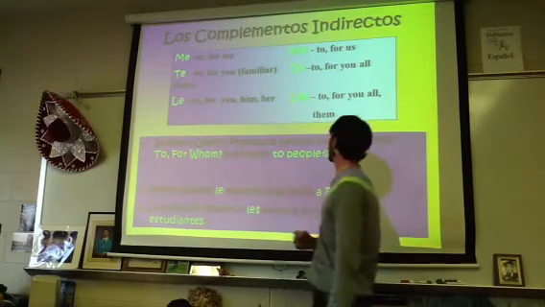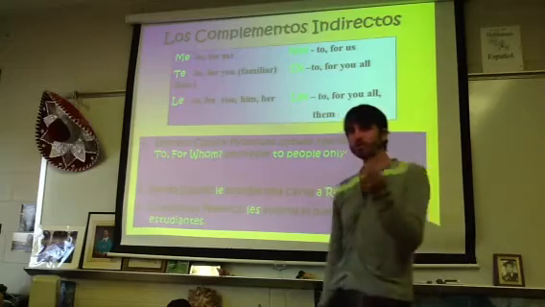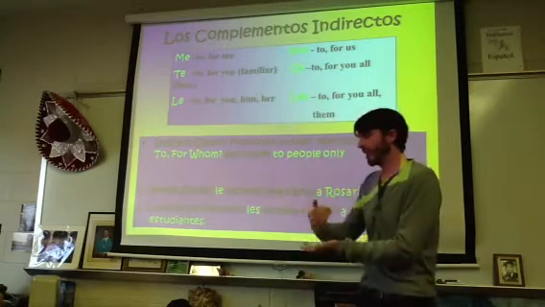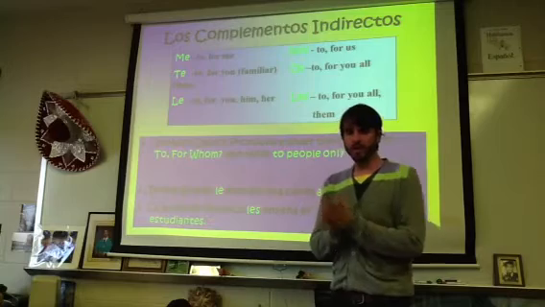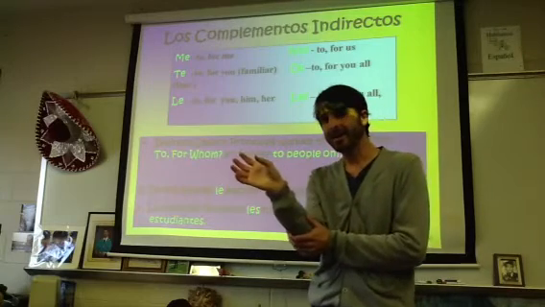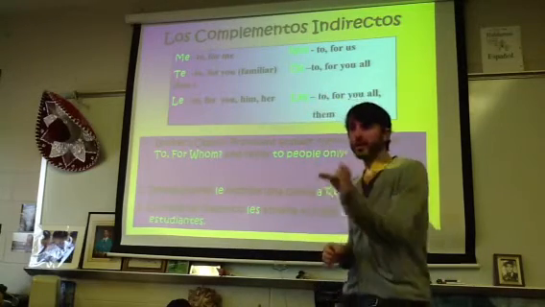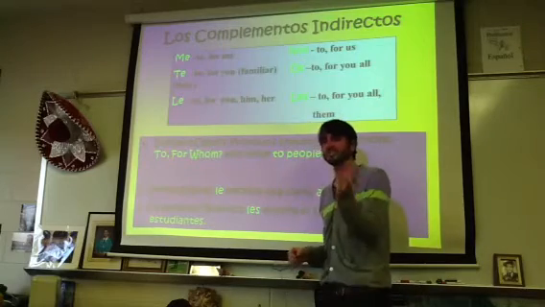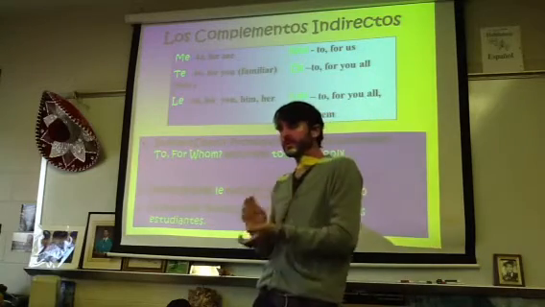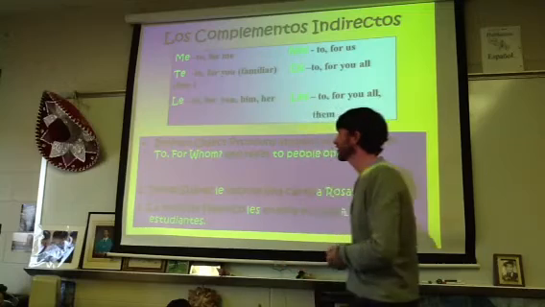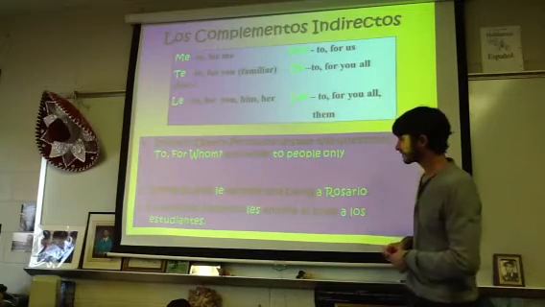So indirect object pronouns answer the question, to whom or for whom do you do this thing? For example, the boy le da la manzana. The boy gives the apple to her. She is the indirect recipient of his action on the apple.